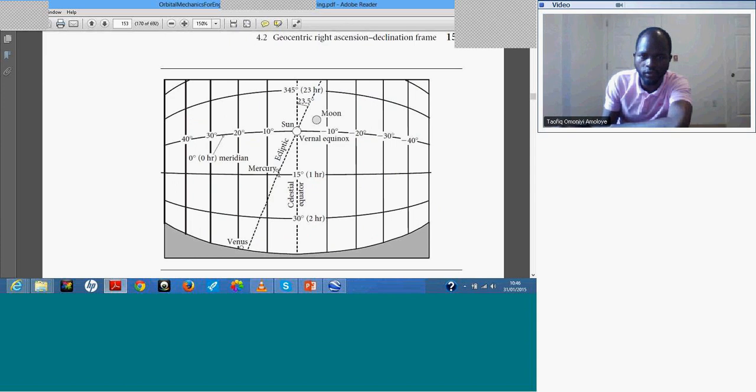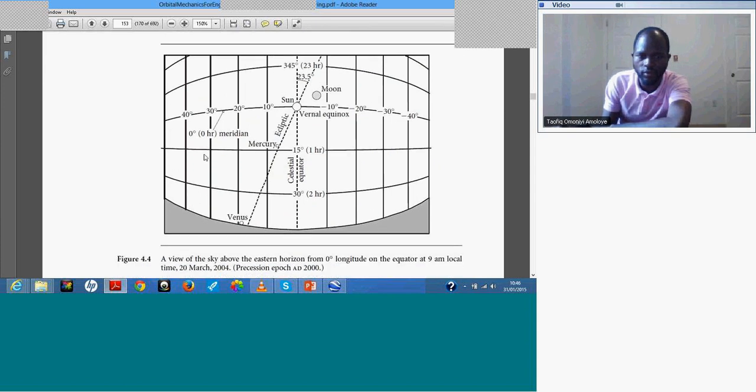So this shows how the heavenly bodies appear on the night sky. We see that this celestial equator and the ecliptic plane coincide at the point that gives us the vernal equinox line.